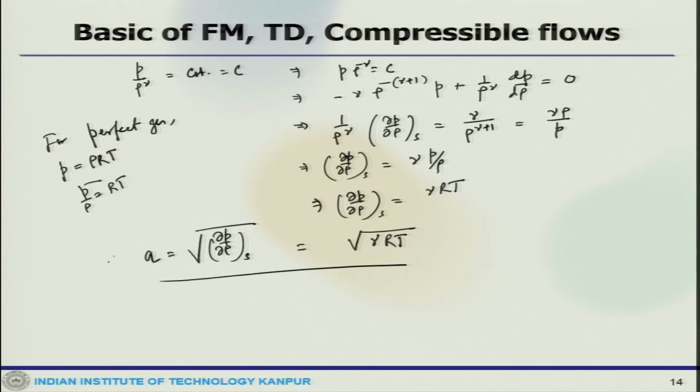Now, when you estimate the speed of sound, immediately there is another important thing which comes into place, the Mach number. The Mach number is the ratio between the local speed and the speed of sound. And why is this number important? Because it can categorize the flow field into different zones.